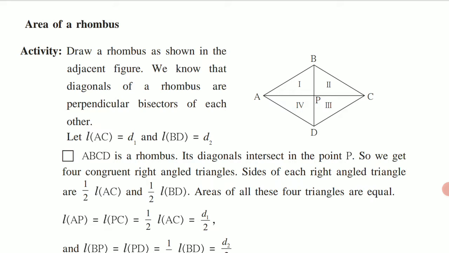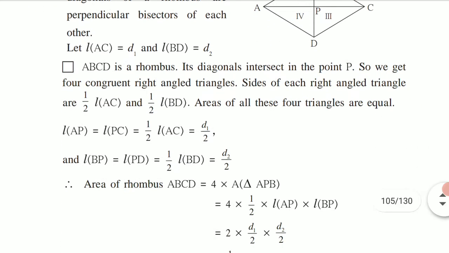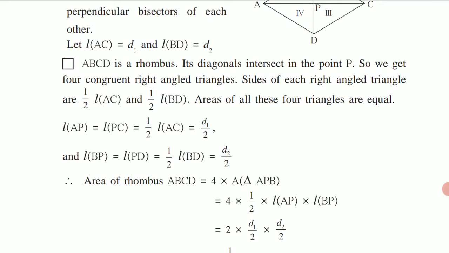Sides of each right angled triangle are 1 upon 2 length AC and 1 upon 2 length BD. Areas of all these 4 triangles are equal. Length AP is equal to length PC is equal to 1 upon 2 length AC is equal to d1 upon 2, and length BP is equal to length PD is equal to 1 upon 2 length BD is equal to d2 upon 2.